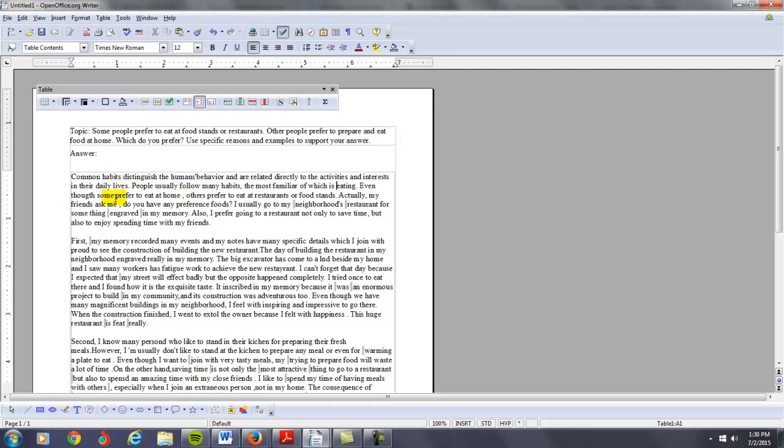Let me make sure we have it here. So again, being more concise. So people usually follow many habits, the most familiar of which is eating. And then you're kind of restating the question. Even though some people prefer to eat at home, others prefer to eat at restaurants or food stands.